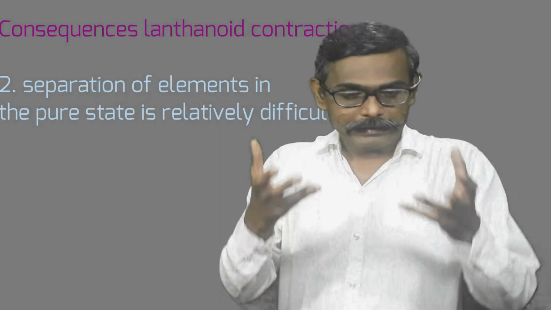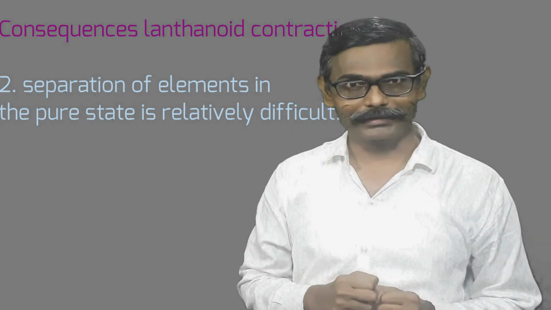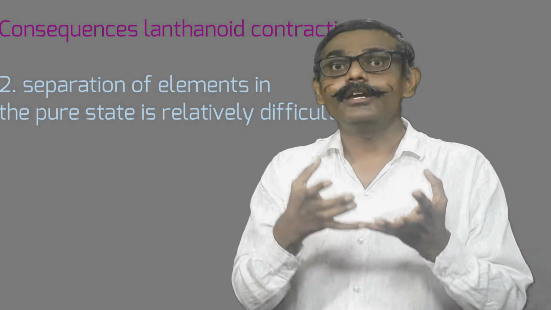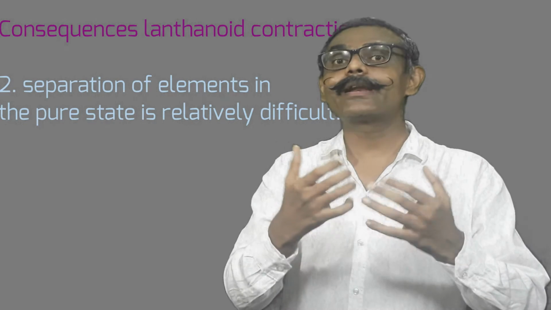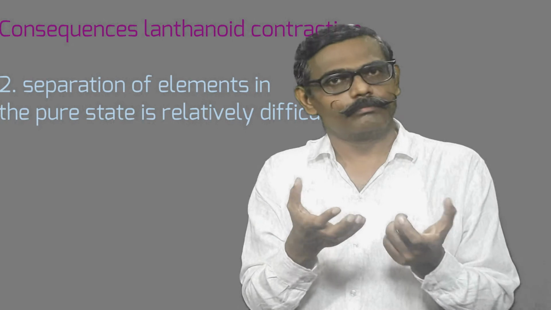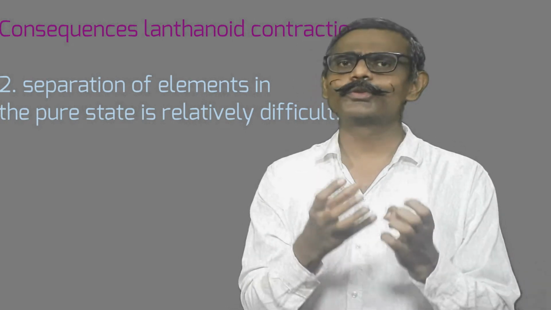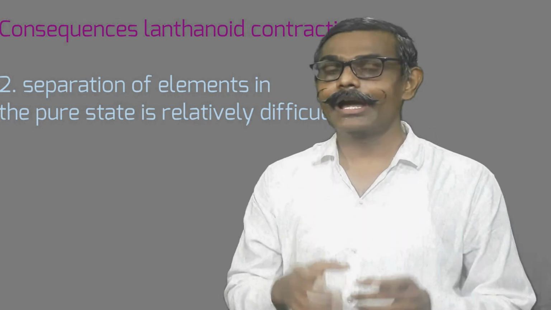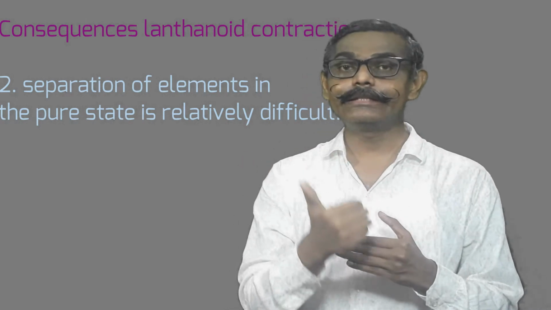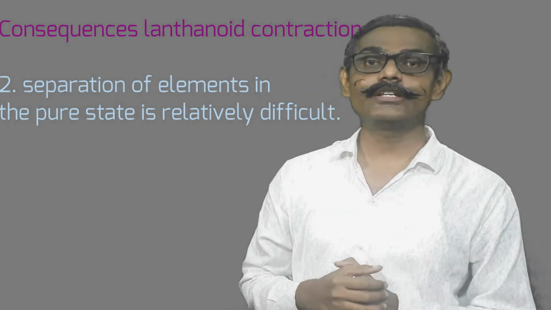So when these elements occur in nature, they generally occur combined. And if we need to separate them, chemically it is tough to separate these ions, because both show the same charge, both have the same size, both show nearly the same chemical properties, and due to that it becomes tough to separate these 5D and 4D transition series elements.